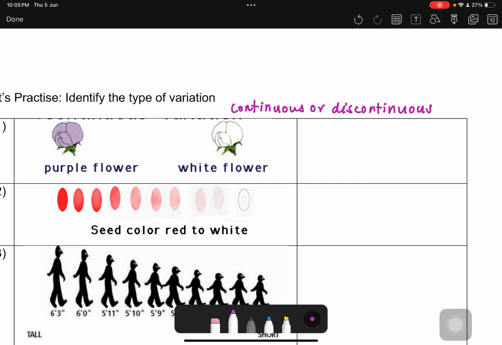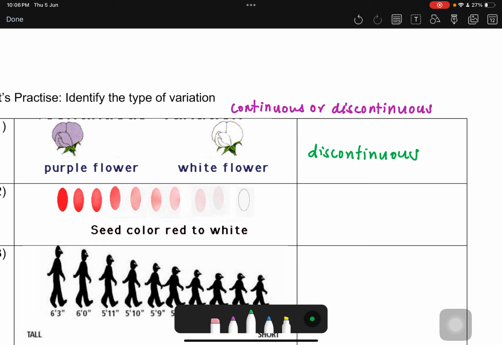Alright, let's go through the examples. For the first one, purple flower versus white flower, very distinct, very different colors, very specific, purple and white. So this is an example of discontinuous variation.